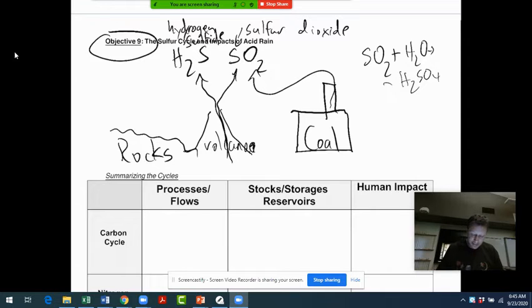Sulfuric acid is the most common component of acid rain. So then that sulfur can come back down in the form of acid rain down to the land.